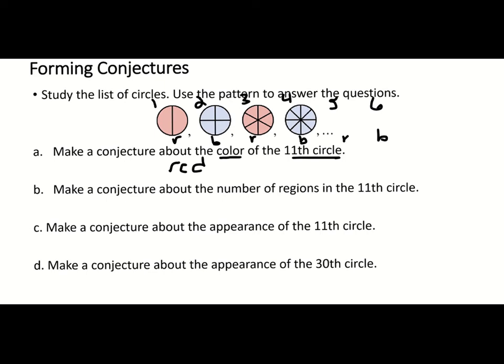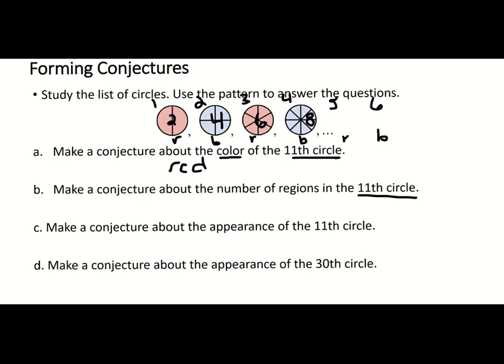All right, make a conjecture about the number of regions in the 11th circle. So for this one here, let's see here. This one has 2 regions, then there's 4, and then we have 6, and next we have 8. So it looks like it's increasing by 2 each time.